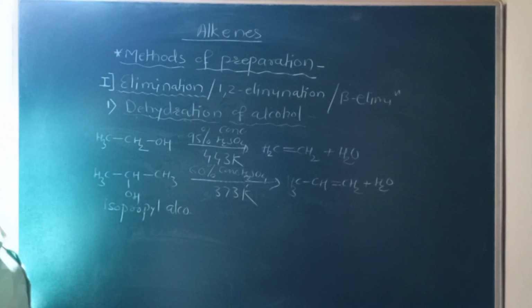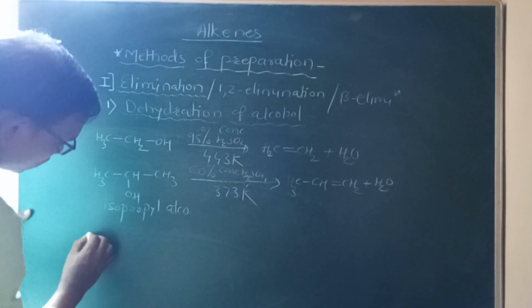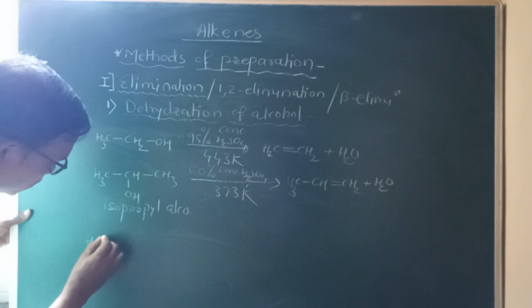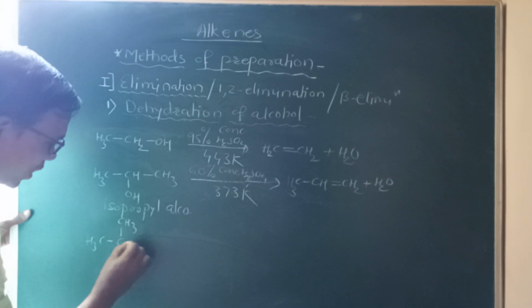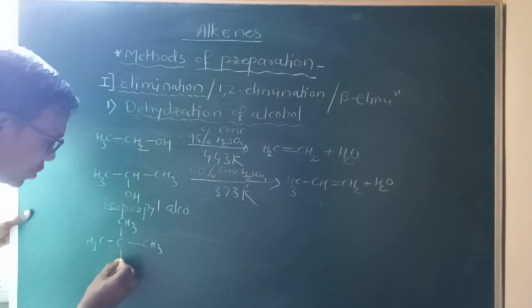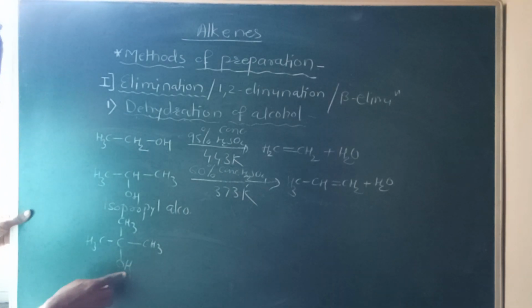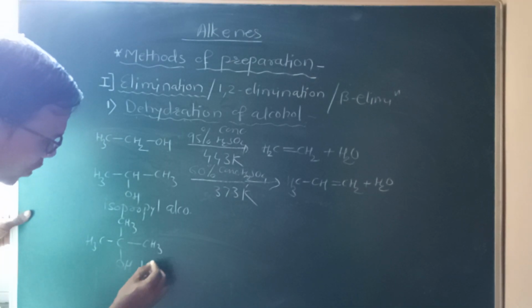Got it? Okay. Now let us have this alcohol: CH3, then C, then CH3, then CH3, and OH. Now this alcohol is called tertiary butyl alcohol.